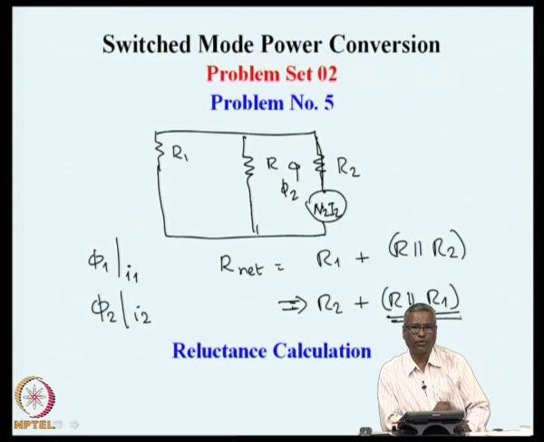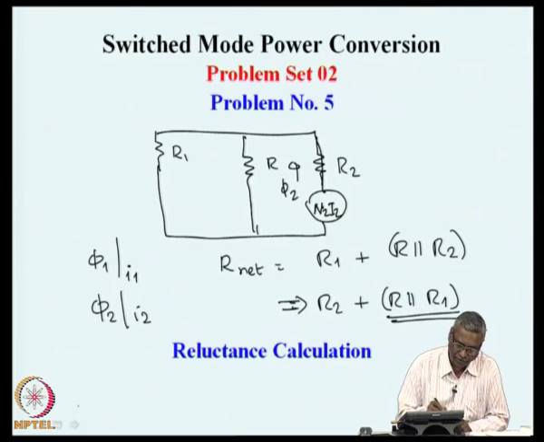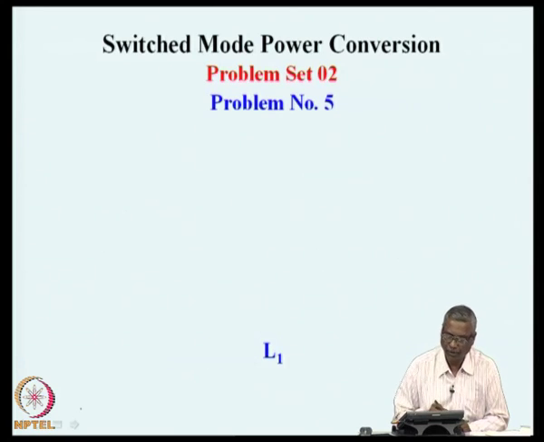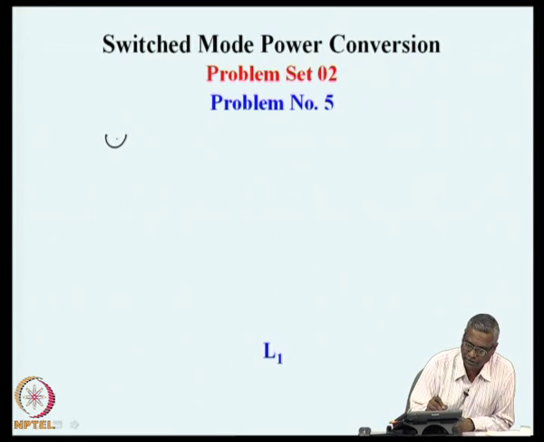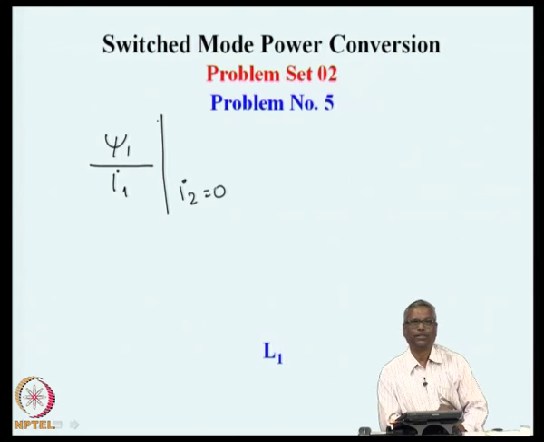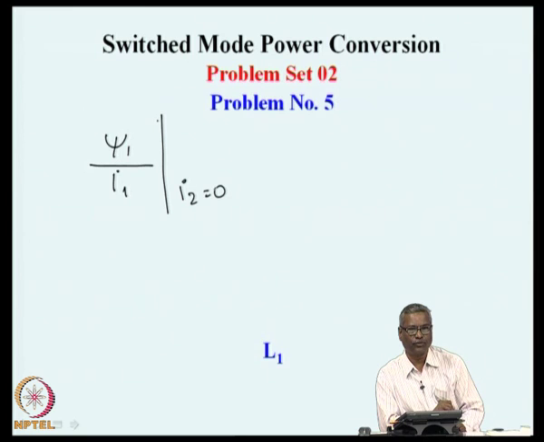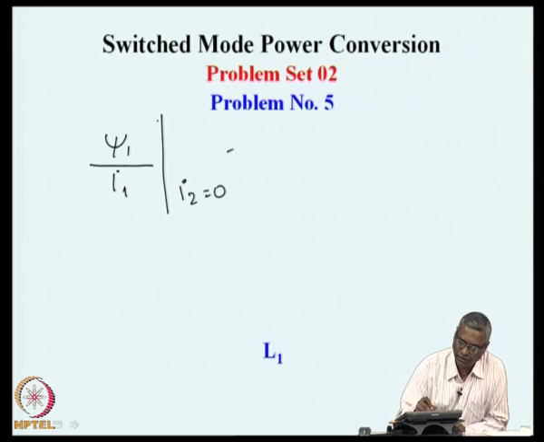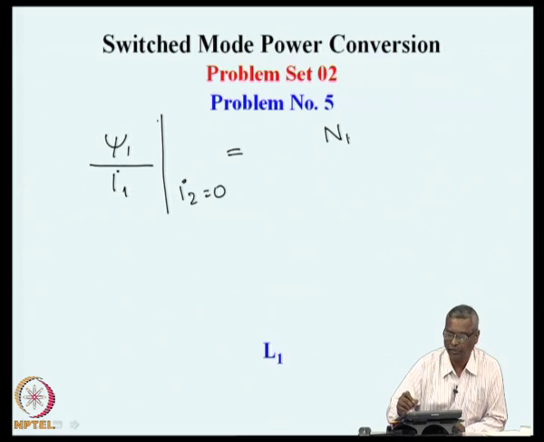So, this is very similar to an electrical circuit, and it is possible for us to find out L1. L1 is defined as psi 1, flux linkage in 1 on account of I1, divided by I1 when I2 equal to 0. So, this is the self inductance of winding 1. When that is calculated, winding 2 is not excited, or the current through that is 0, and winding 1 alone is excited, and this will turn out to be N1 into the flux.